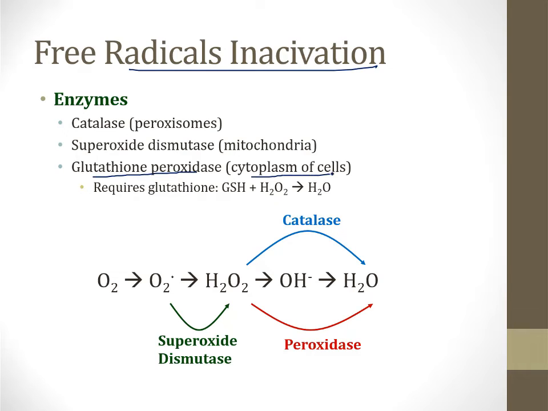It's found in the cytoplasm of cells, including in red cells. It requires glutathione to function, and it uses glutathione to convert hydrogen peroxide into water. So in a person with G6PD deficiency, there's a limited supply of glutathione, and this leads to an inability to inactivate free radicals, and that leads to free radical damage and hemolysis.